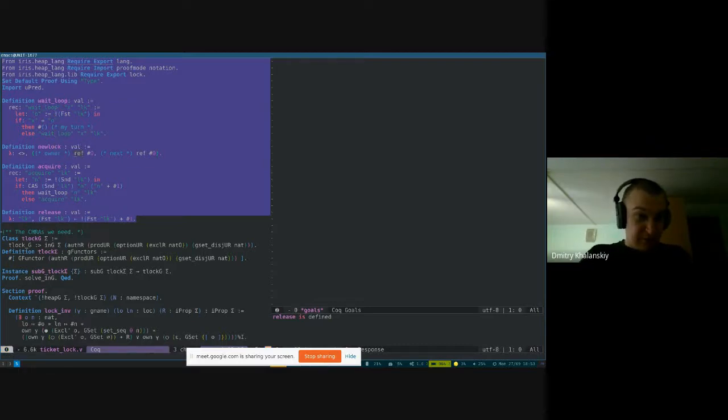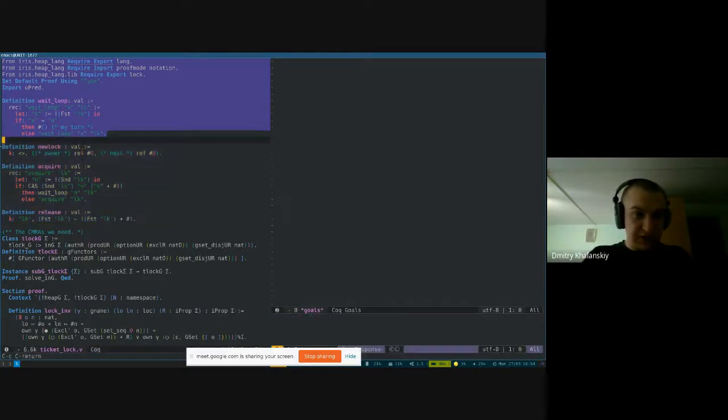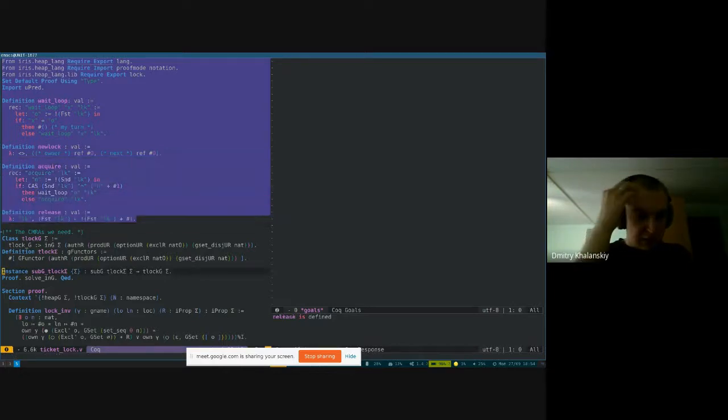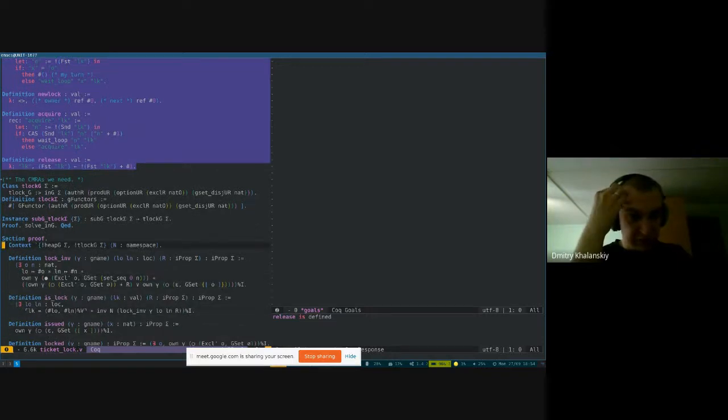The ref command is an operator that allocates new memory locations. Concurrent set we have here, assignments. So these are just the program definitions.